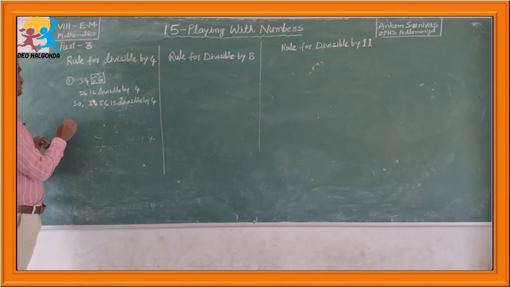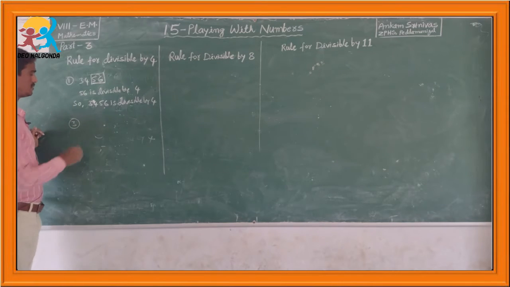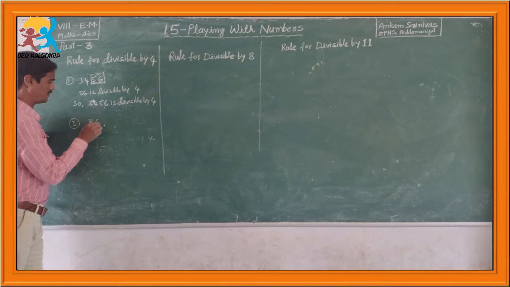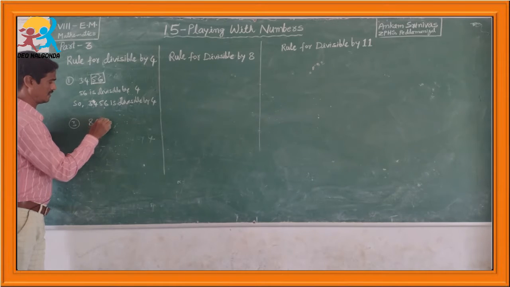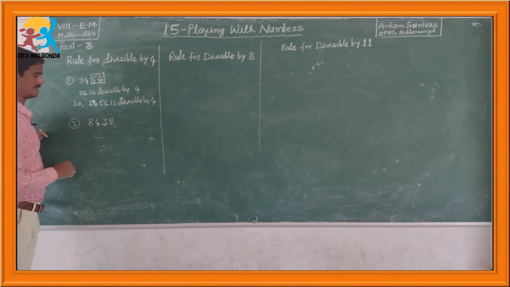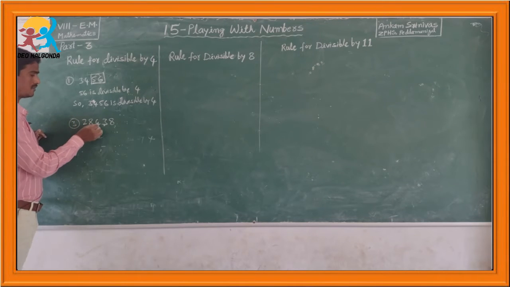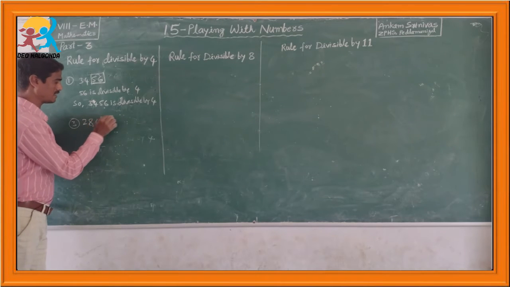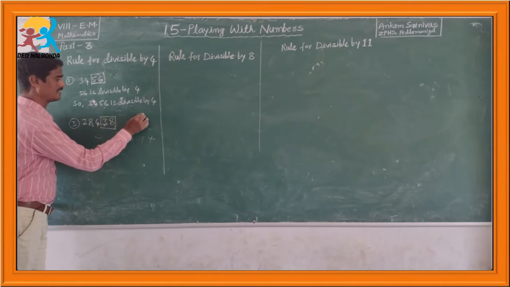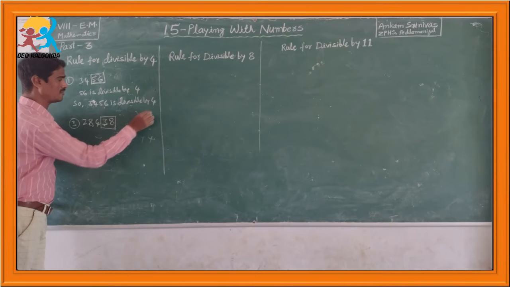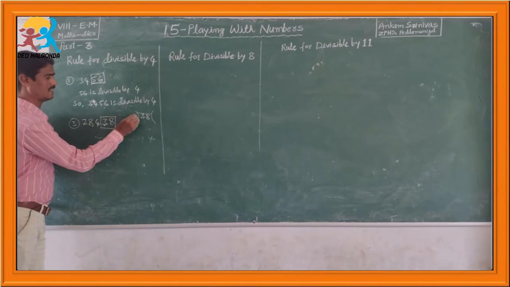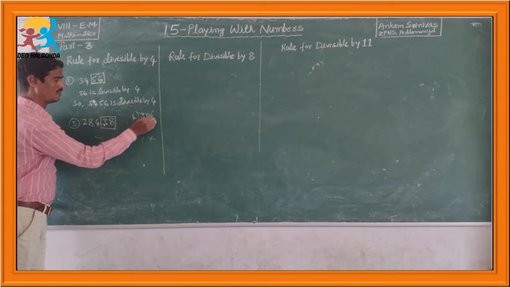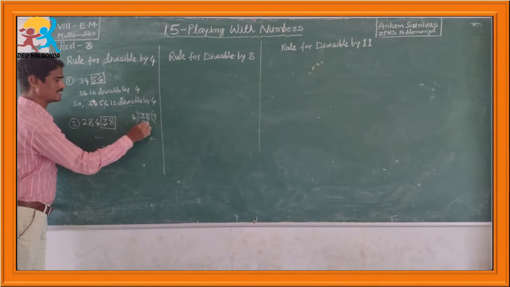Now take another problem. Suppose 28,438 I have taken. Now take the last 2 digit number, 38. Check whether it is divisible by 4 or not. 4 table, 4 nines are 36. 38 minus 36, how much? 2.